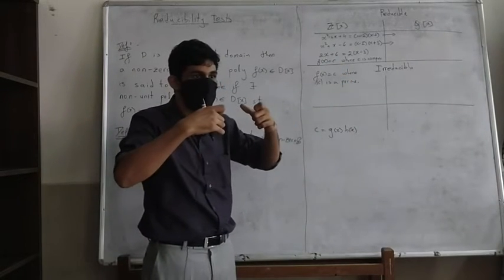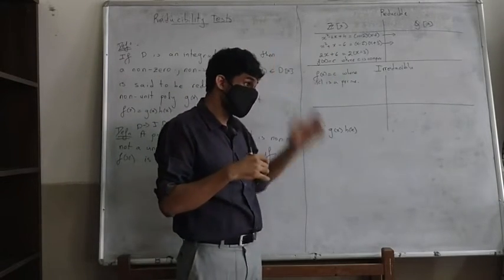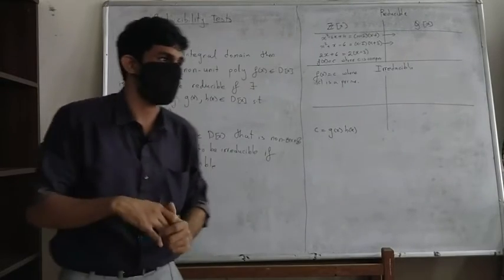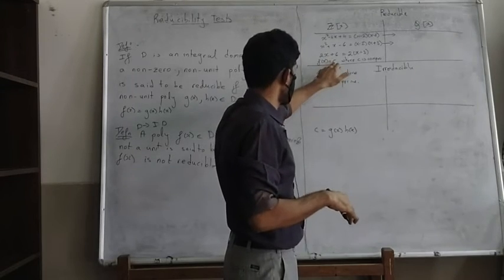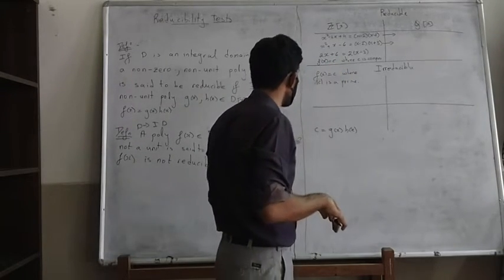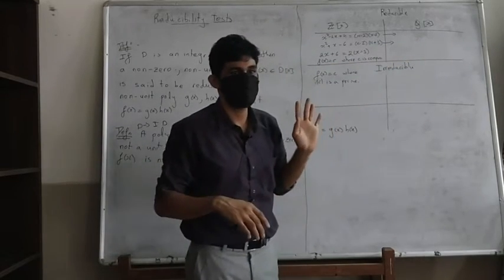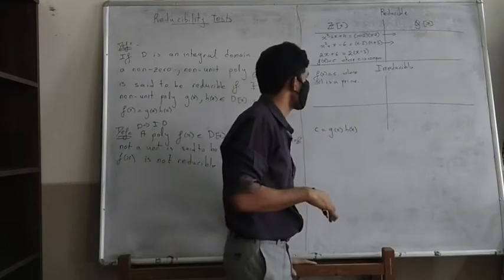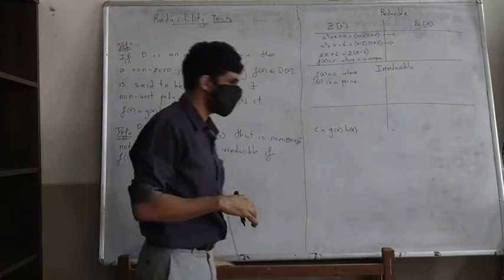Because I can break it down into some a times b, where a and b are both not plus or minus 1. Okay, so that's what we can do. So therefore it means that it's reducible. But this again is not going to be reducible in Q, because that's a unit in Q. Okay, so if mod c is a prime, then what happens here?